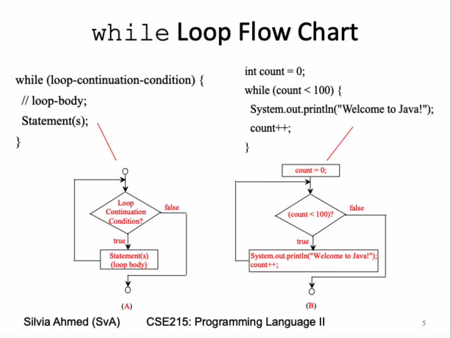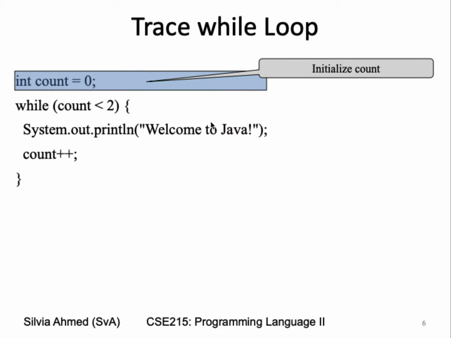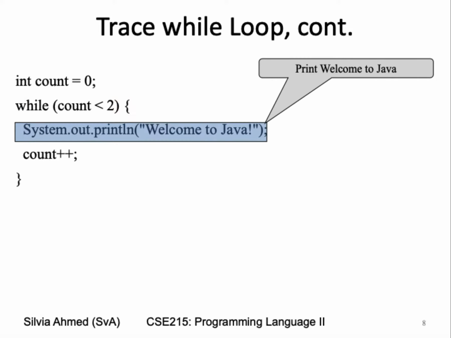So now let's trace a program. Let's look at the next slide. First we initialize count to be 0, and then we compare if count, which is 0, is less than 2, which is true. So we enter the loop and print welcome to Java.